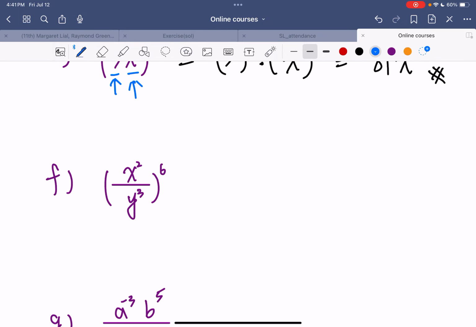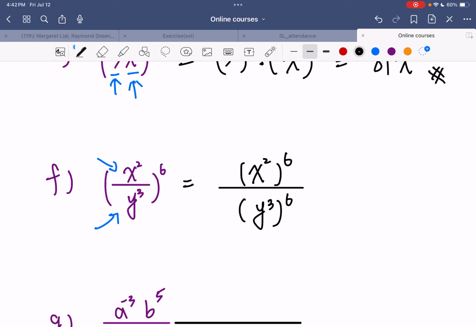We got 2, one is the numerator, one is the denominator. First, draw this line. The numerator is x squared, we give it the exponent 6, and then the denominator is y with power of 3, we also give it the exponent.